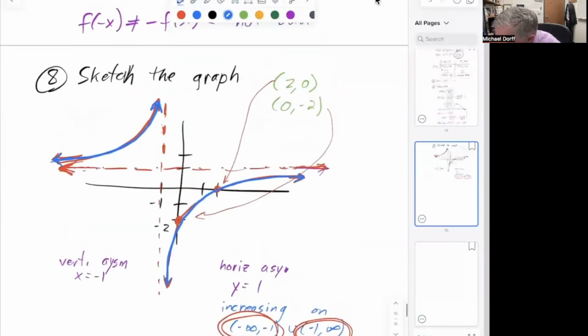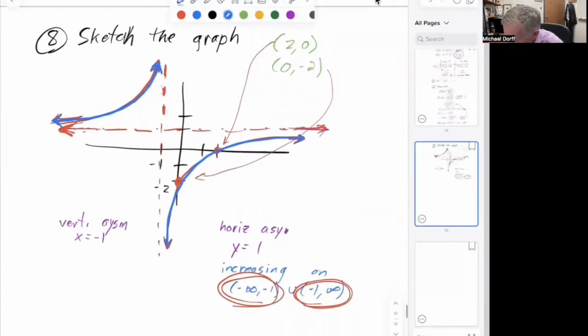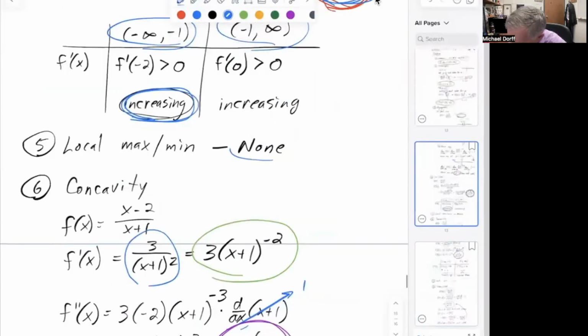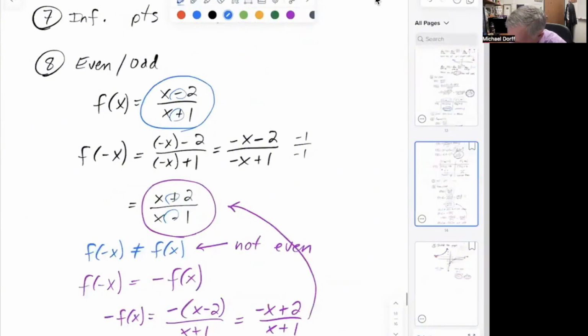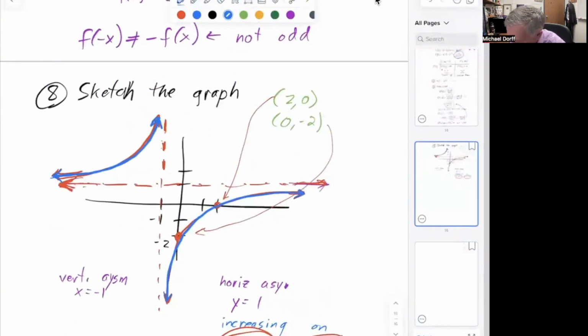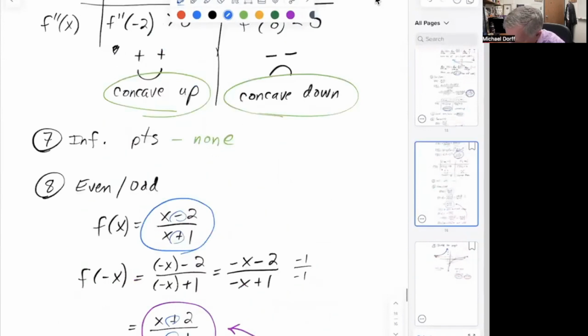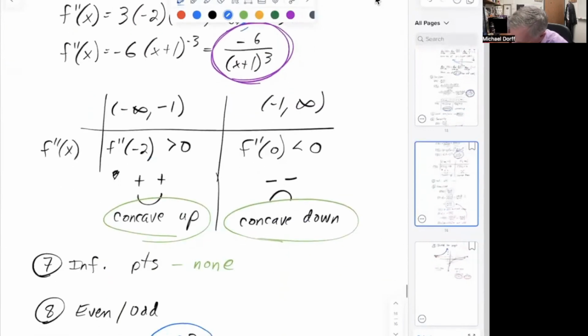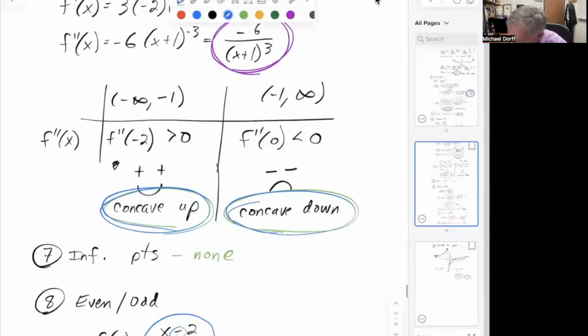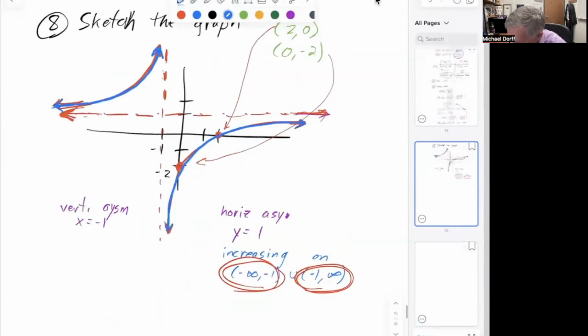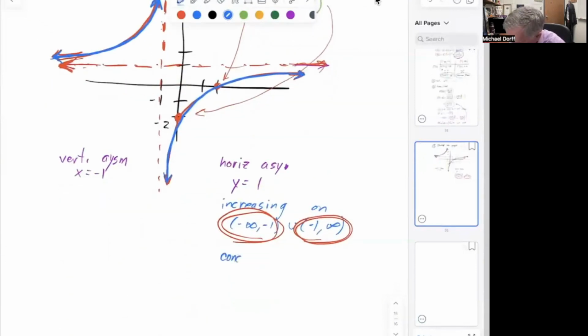So we've done where it's increasing and decreasing. Remember for part 5, we found that there were no local max, and that fits in with the blue graph that I drew here. Part 6, concavity: we found that it was concave up from -infinity to -1 and concave down from -1 to infinity.